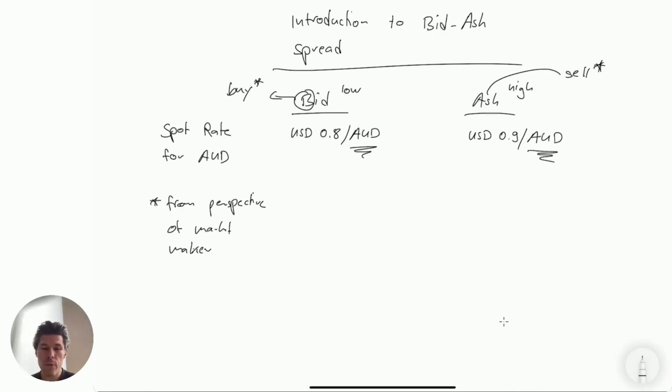So what would happen if you are a customer and you just traded the same currency pair over and over again, every minute, sell and buy, sell and buy? In the end, you would lose all your money because you always sell low and need to buy back at a higher price, and so on. Really important: the bid rate is always lower than the ask rate, again from the perspective of the market maker.